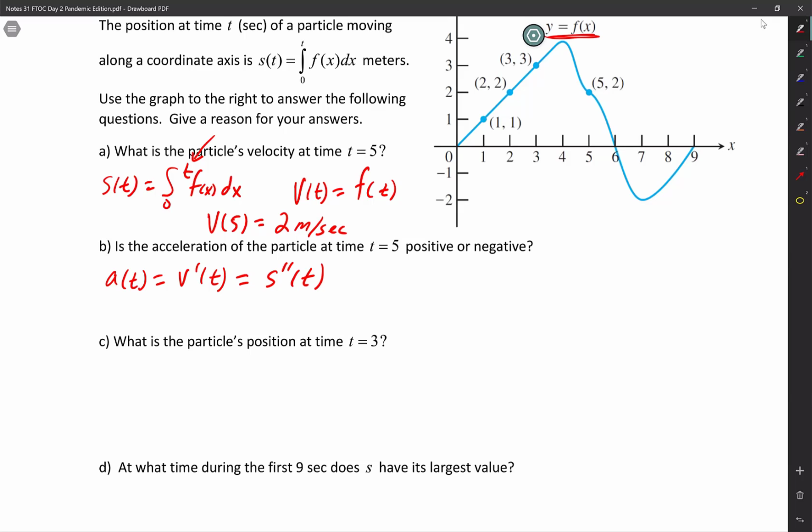Which is f prime. Sorry. All right, what's happening at 5? This is f. At 5, is f increasing or decreasing?